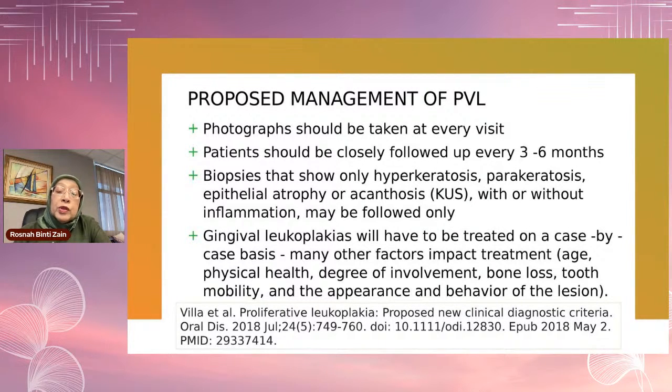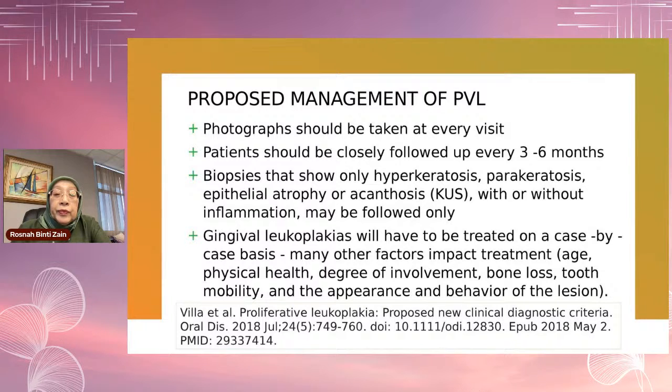That means there's possibly no requirement to remove it. But gingival leukoplakia is special. It will be treated on a case-by-case basis, because many other factors impact treatment. For example, the age, physical health, degree of involvement, bone loss, tooth mobility, and the appearance and behavior.